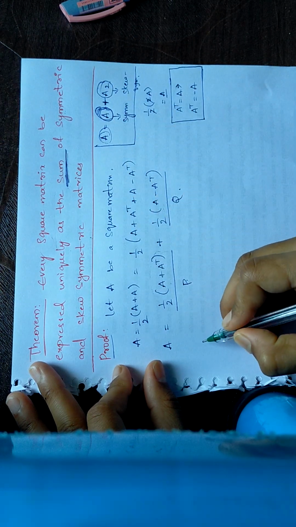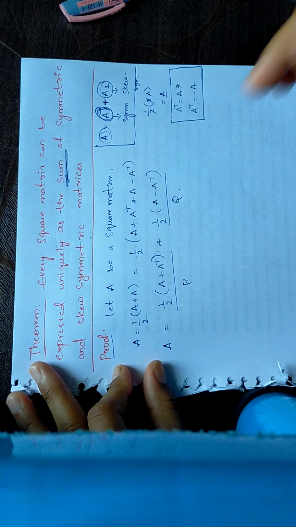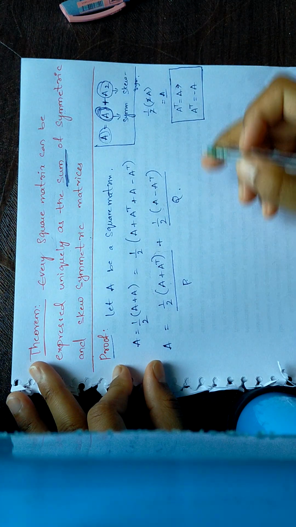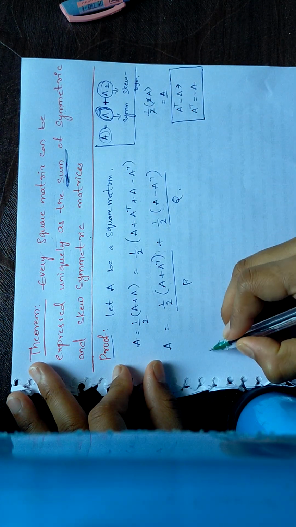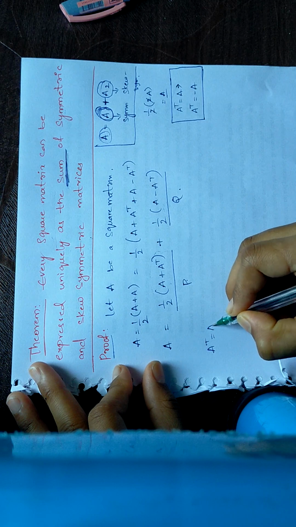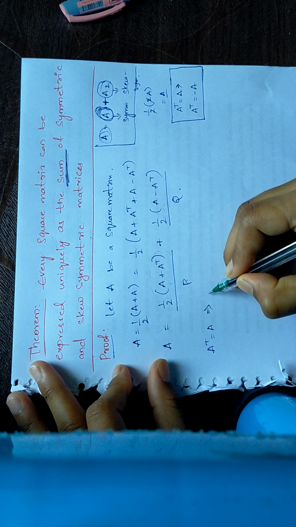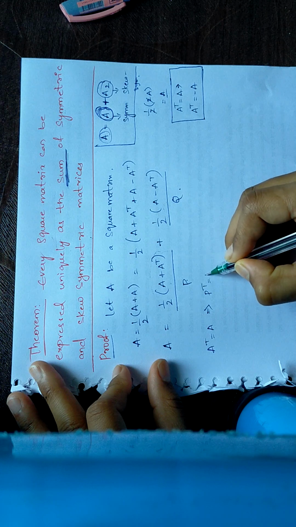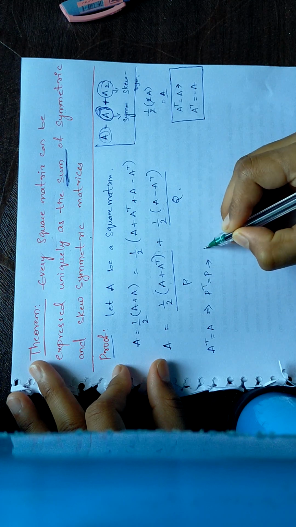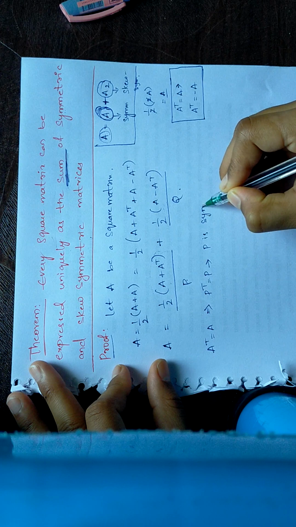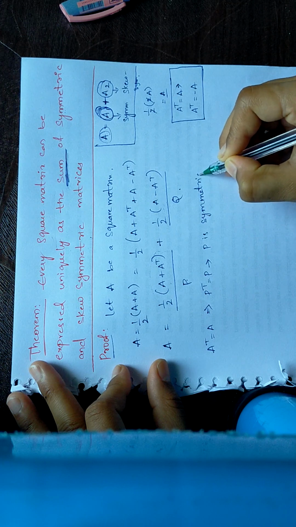Now we have P and we have Q. What is symmetric? A transpose equals A. We are solving for the P part. That means we have to show that P transpose equals P. Then we can say that P is symmetric, right? So we'll prove that first.